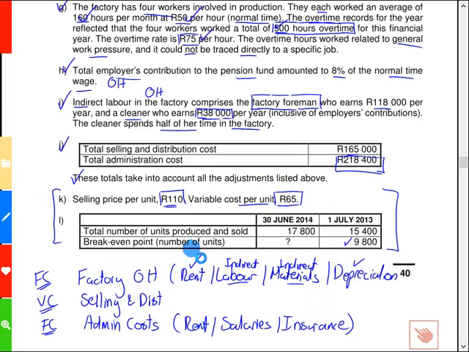What other figures are we given here? We're given the total number of units produced and sold. And we've only just made more than the break-even point. Okay, so our production and sales figures only just exceed the break-even point.